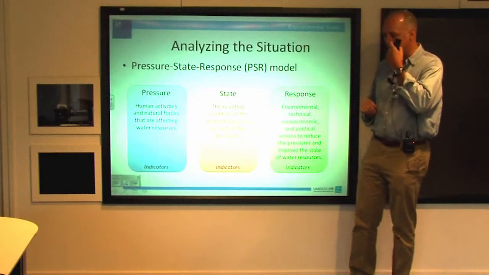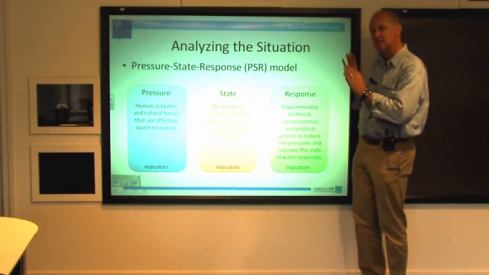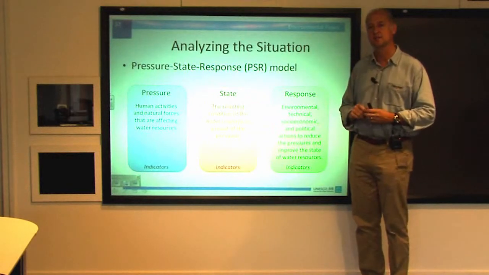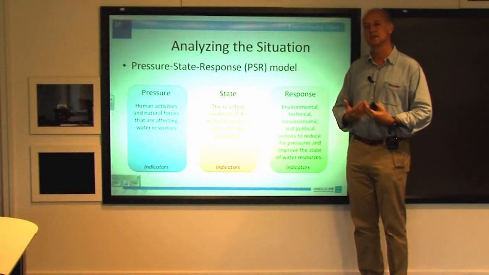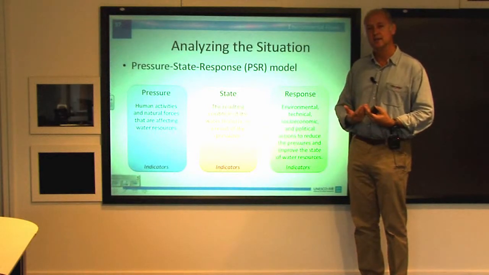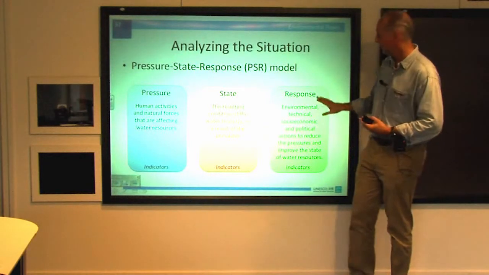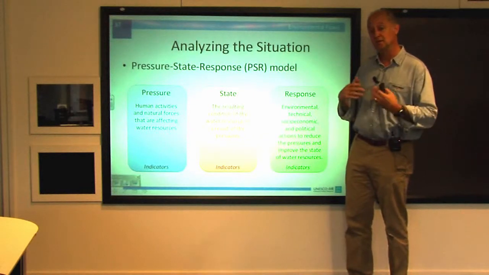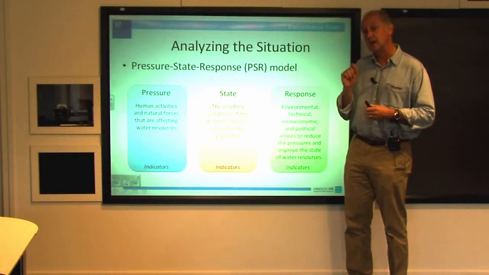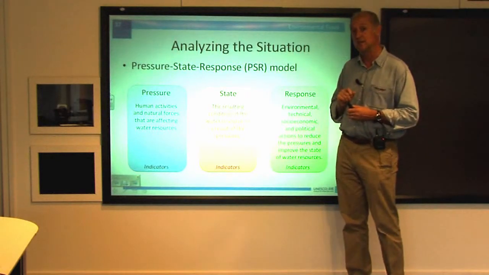So let's turn our attention finally, in the last couple of slides, to how we might approach the further analysis of our data to identify what specific responses might be most appropriate for the kinds of issues and problems that we've identified.